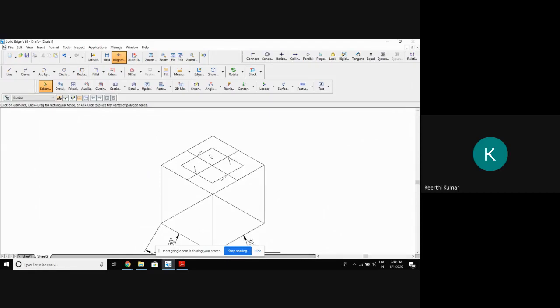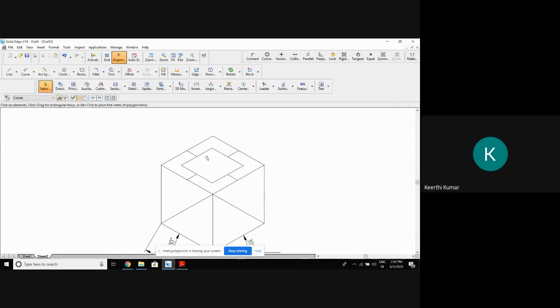Done, sir. Okay. Now what I'll do after this, only this box is required for me. Whatever is inside the box, you try to rub. No issue. Rub out these thin lines and retain only the box. This arc also you can rub.